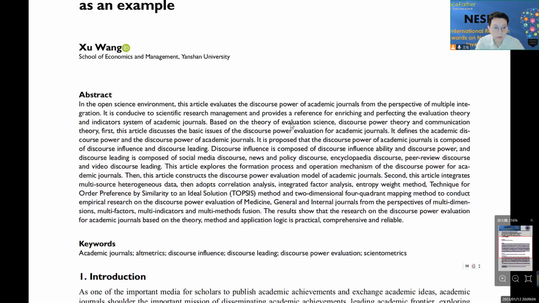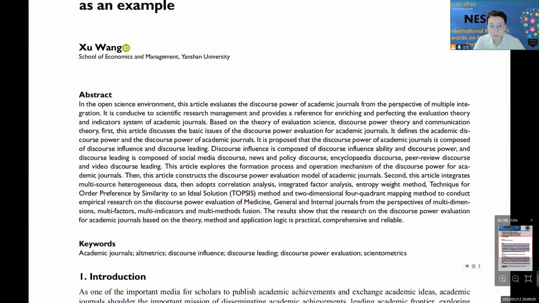It is conducive to scientific research management and provides a reference for enriching and perfecting the evaluation theory and indicator systems of academic journals.